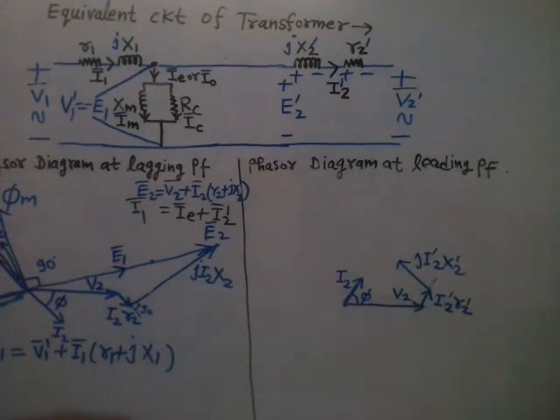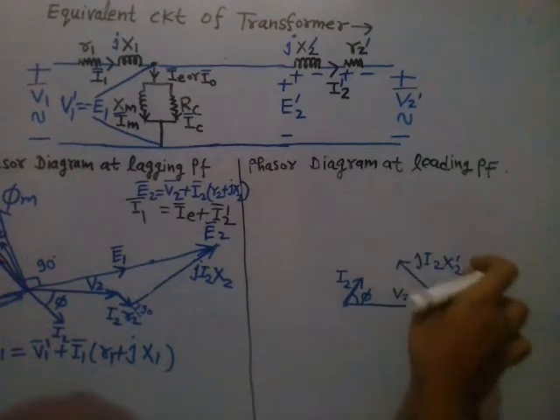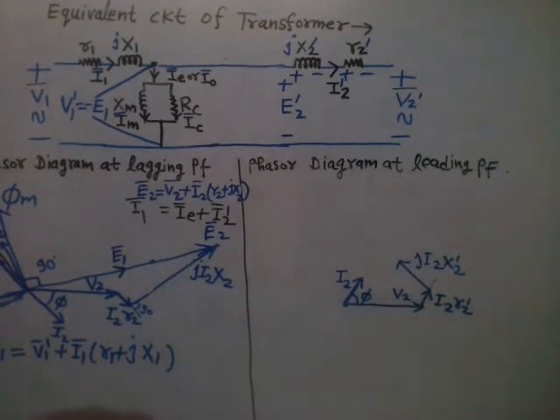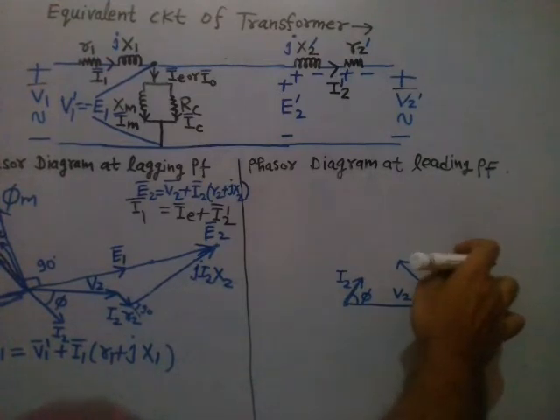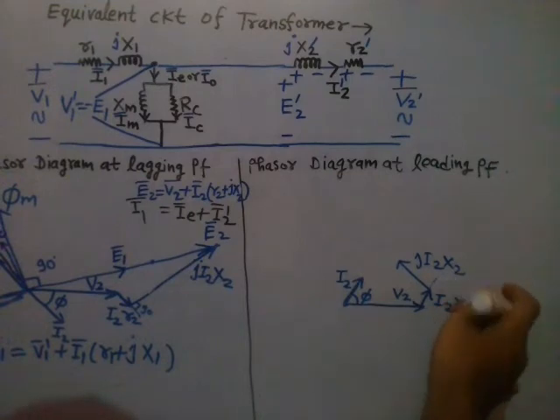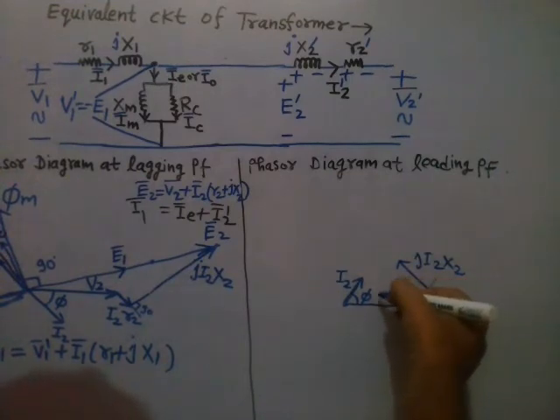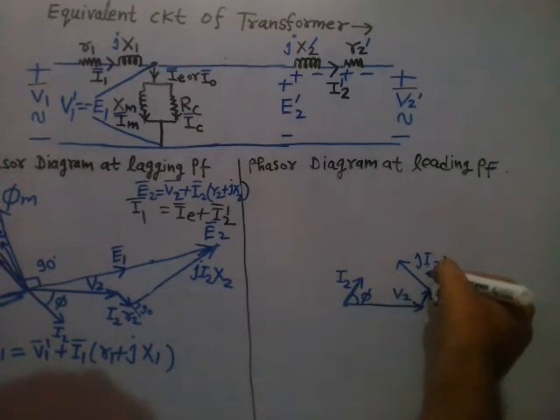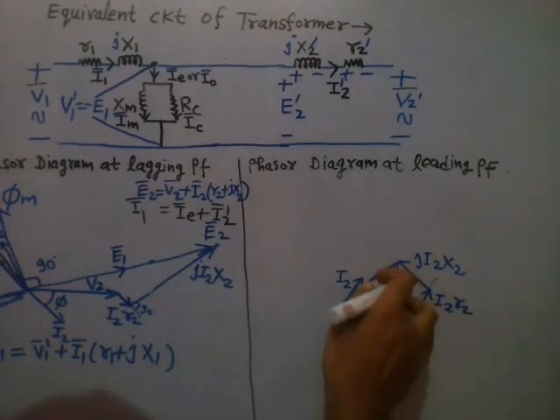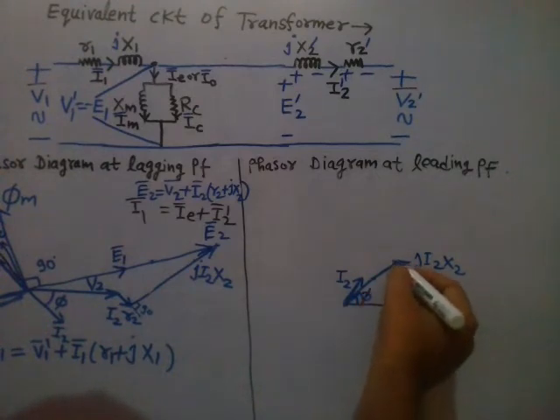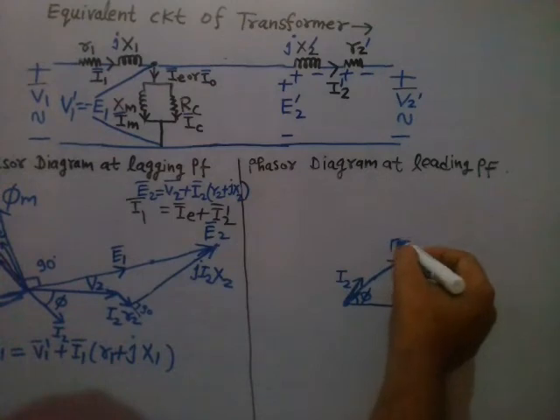These are all phasor values, right? So here V2 plus I2 R2 plus j I2 X2, you take the phasor sum of all these to get the induced EMF E2 like this.